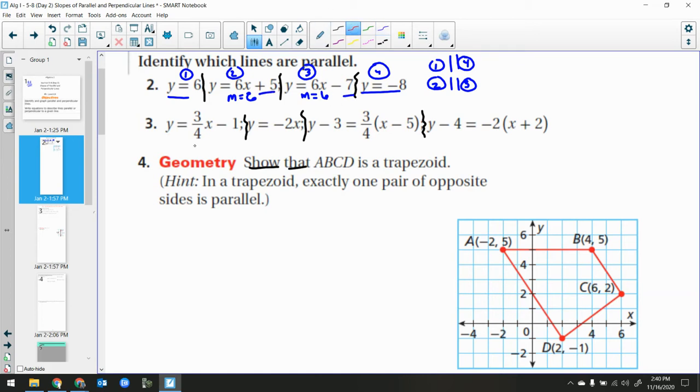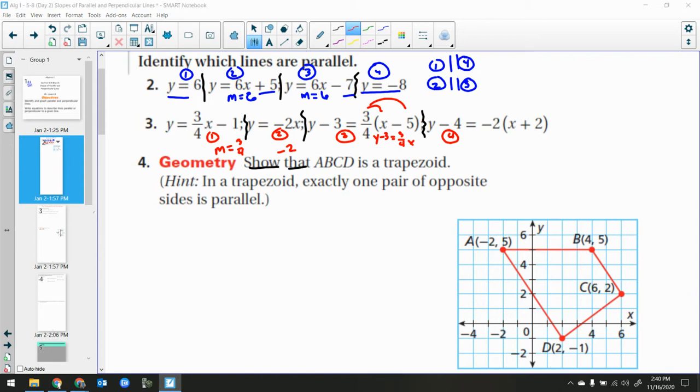All right, same thing here for number 3. I'm going to call this equation 1, equation 2, equation 3, and equation 4. So the slope here is 3/4. The slope here is -2. Now, I'm going to distribute in here. This is going to be y minus 3 is equal to 3/4 x.